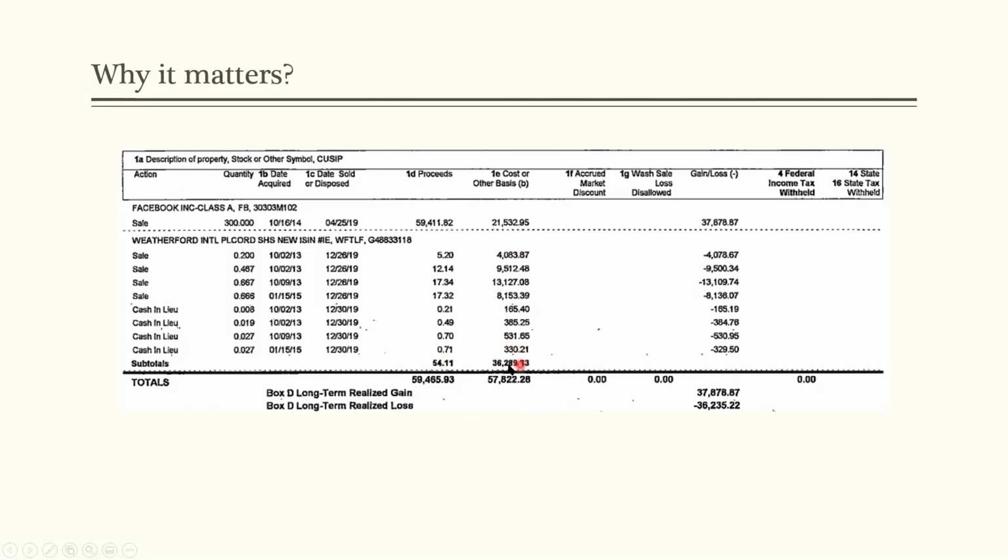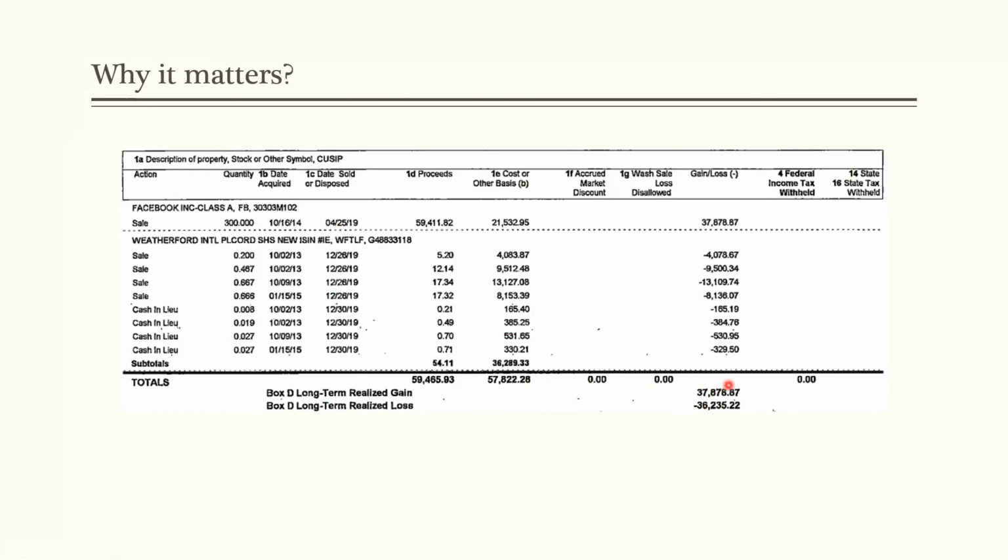He paid $36,000. So now he has a $36,000 loss. And you can see here, the brokers will add all your stuff up by long-term or short-term and whether it's gains or losses. So he has a net long-term capital gain of $37,000 from his Facebook sale, and then a net long-term loss of $36,000 from his sale of Weatherford.